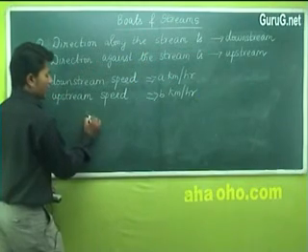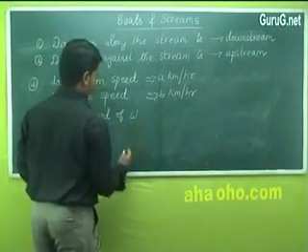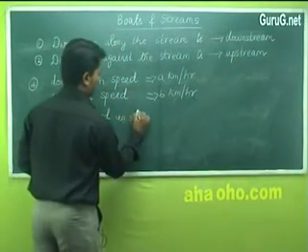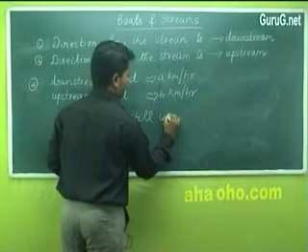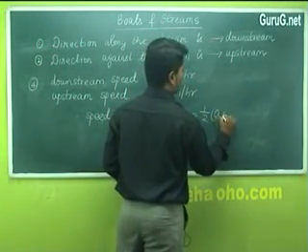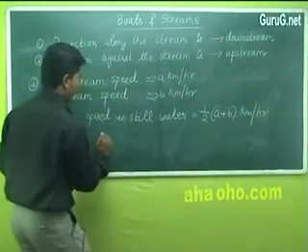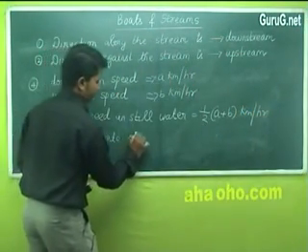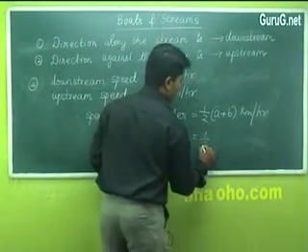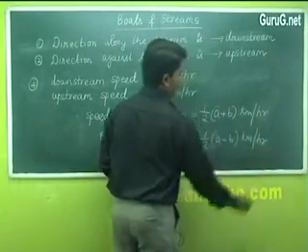Now, what is the speed in still water? Speed in still water will be half into a plus b kilometer per hour. The rate of the stream is equal to half into a minus b kilometer per hour.